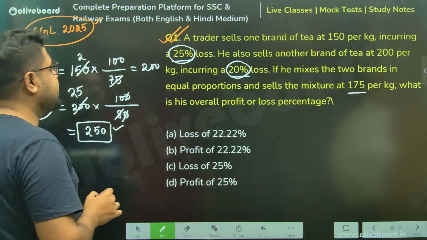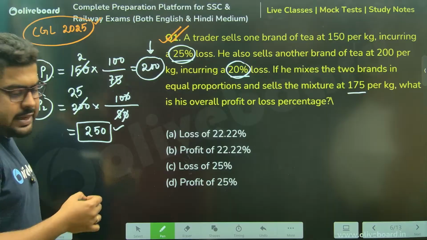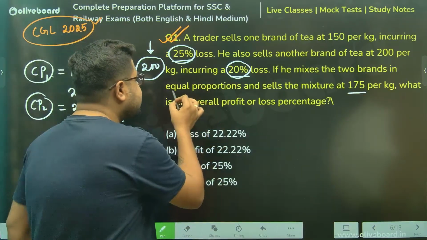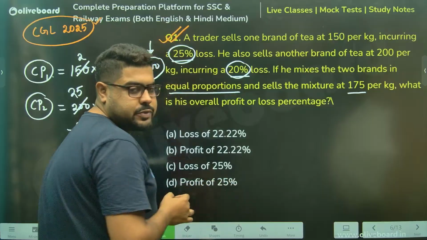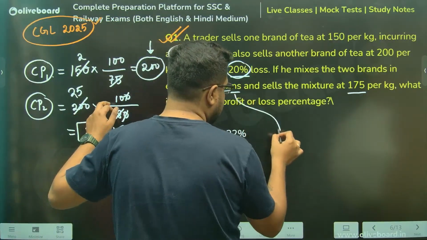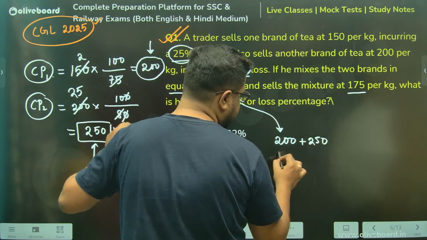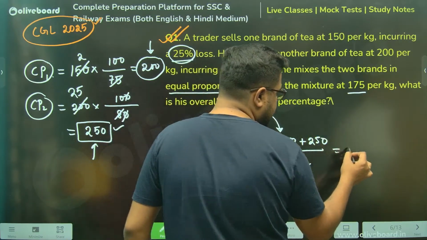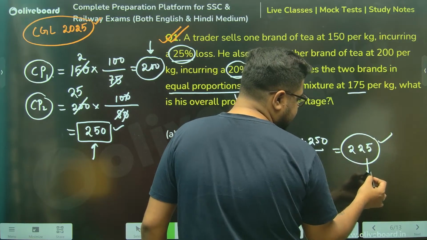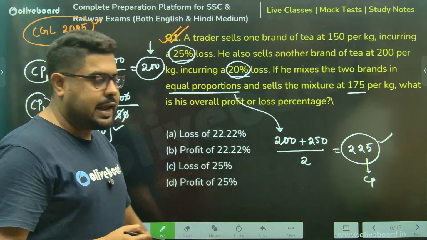So now there is a tea which is costing 200 rupees a kg, and another tea which is costing 250 rupees a kg. Now he is mixing it in equal proportions. So the average price should be 200 plus 250 by 2, which is 225 rupees a kg. This is your CP, because equal proportion, that's why I could do a direct average.